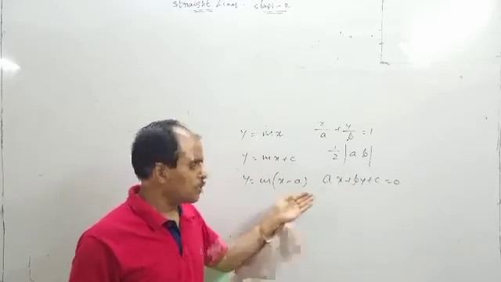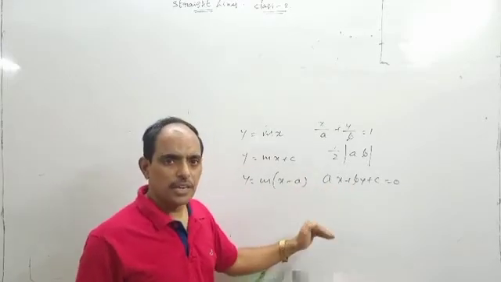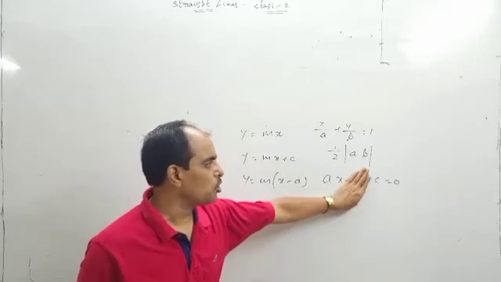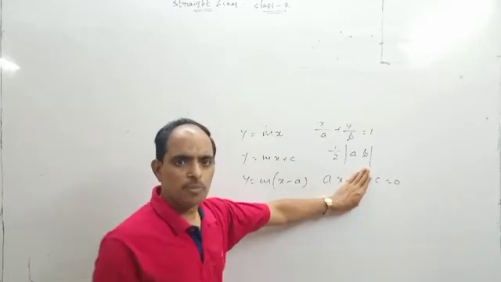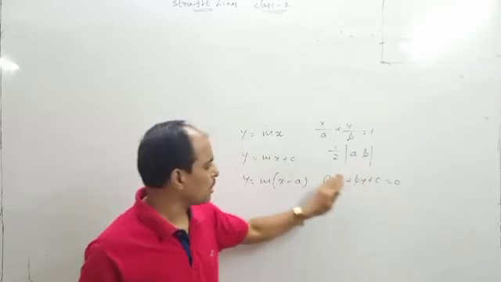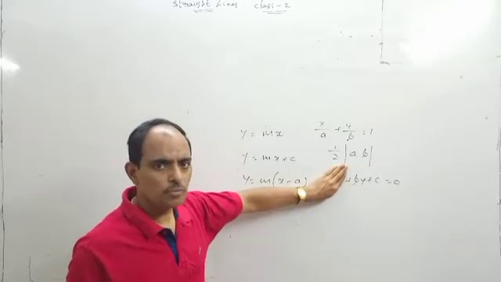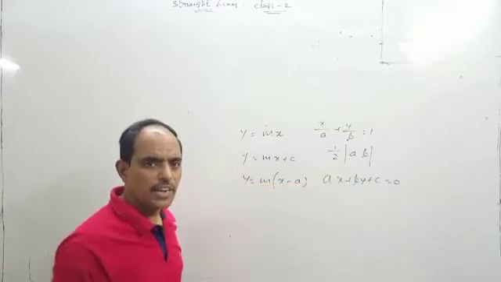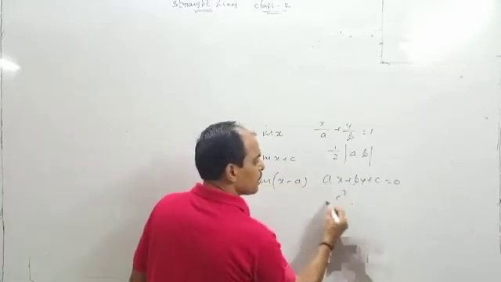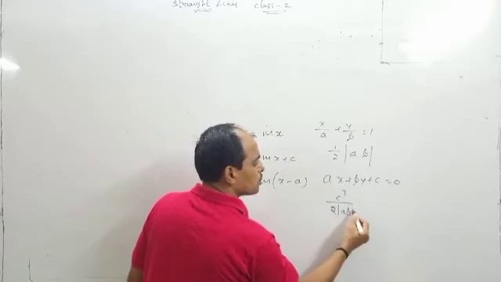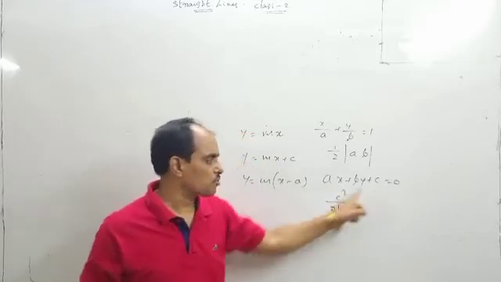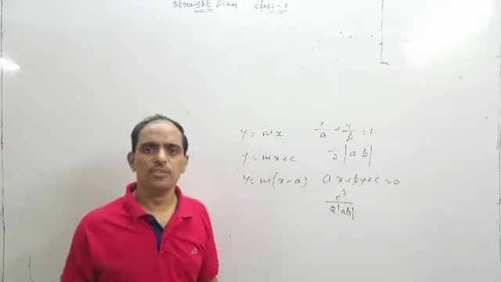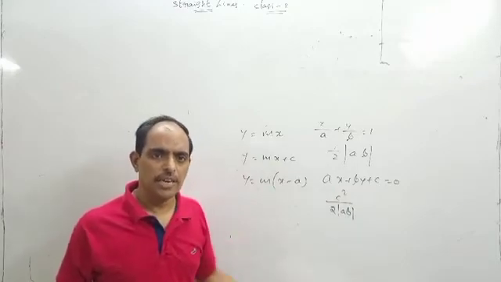In this, for x intercept, put y equal to 0, then x is equal to minus c by a. For y intercept, put x equal to 0, then y is equal to minus c by b. And the area of triangle is c square by 2 modulus of AB.